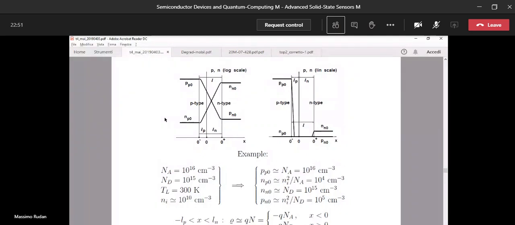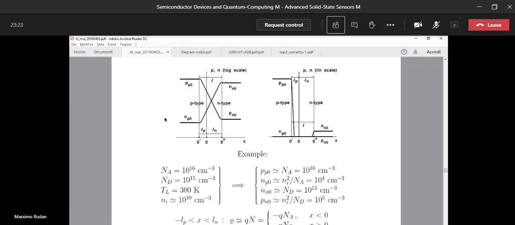So you see, if you start from any point on the left, so if you start in the neutral region of the p-type, essentially you have PP0 as the dominant concentration, so the holes are dominant, okay?